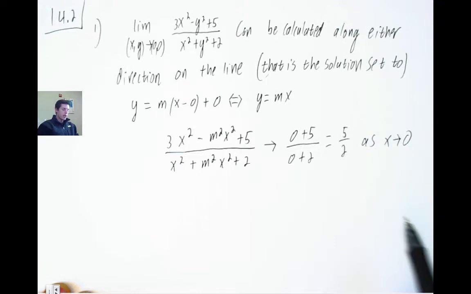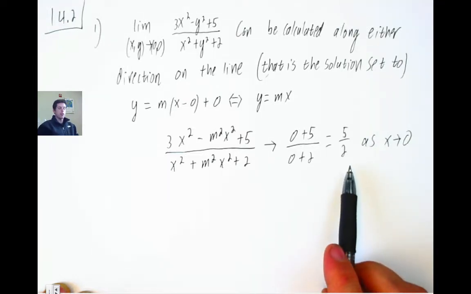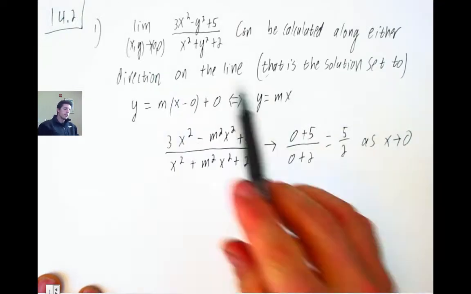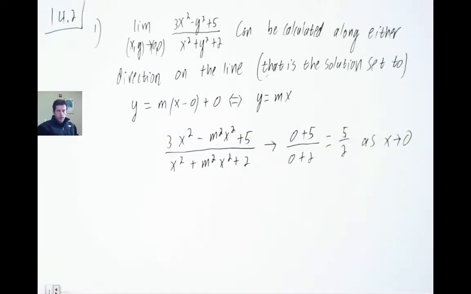Now, of course, in order to really show that this is the case, we would have to do a delta epsilon proof for a limit in a single variable. But we're going to be fast and loose on this part, for the sake of time. Okay. Now we can see that this is independent of m. All right.